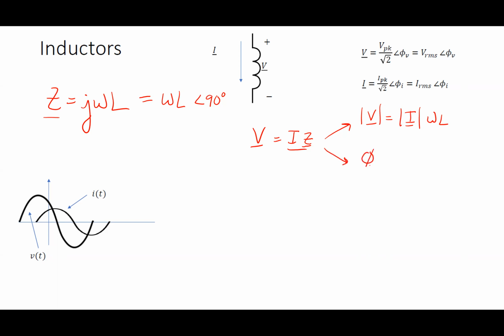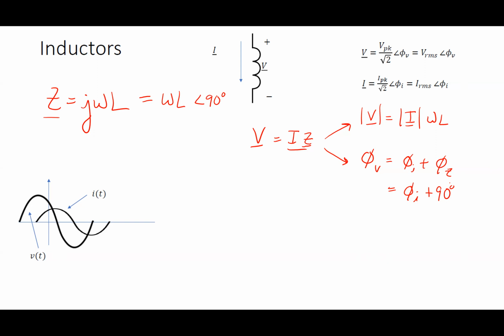The angle of V equals what? The angle of I plus the angle of Z, which is exactly right. The angle of I plus 90 degrees. So I have to add 90 degrees to the angle of the current to get to the angle of the voltage.